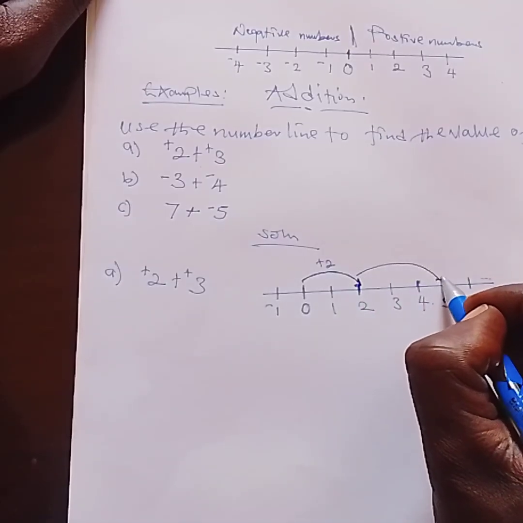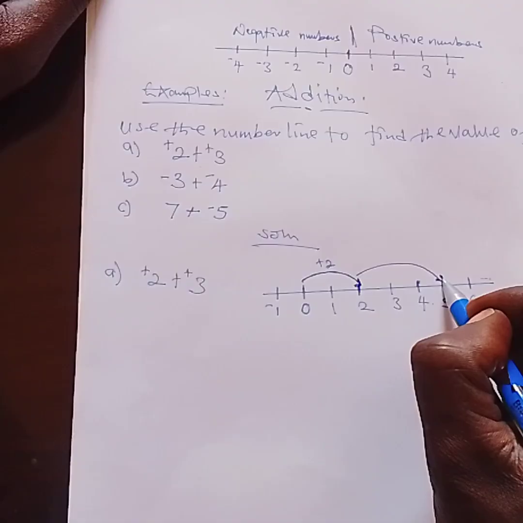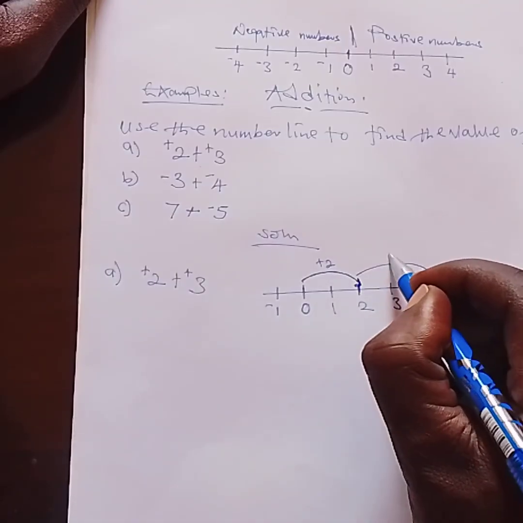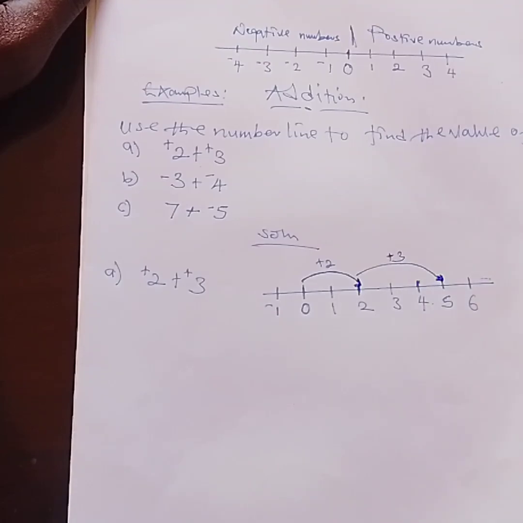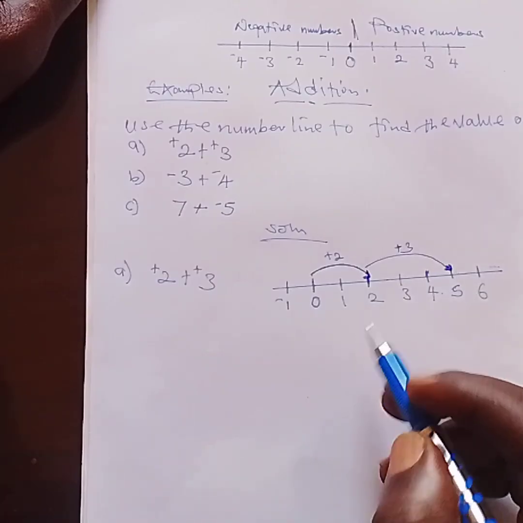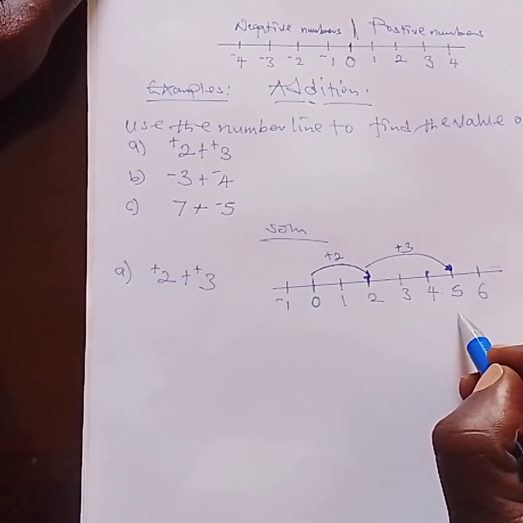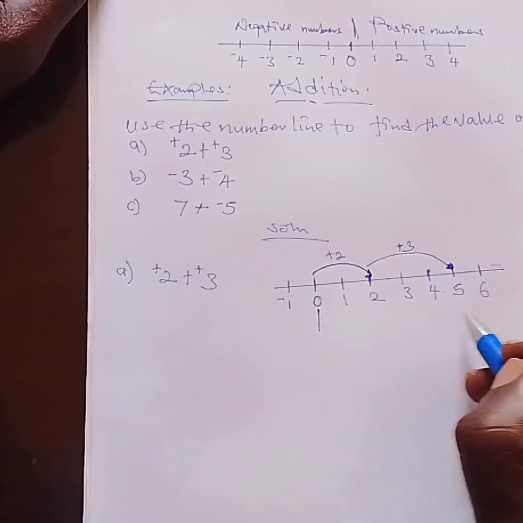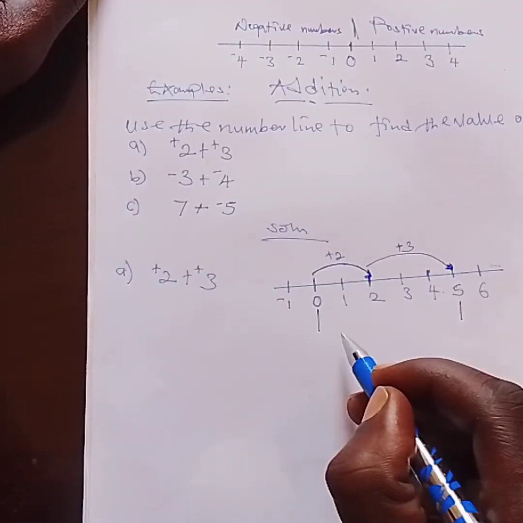It ends there. So this is positive 3. Now our final answer here is going to give us positive 5. We have up to here.